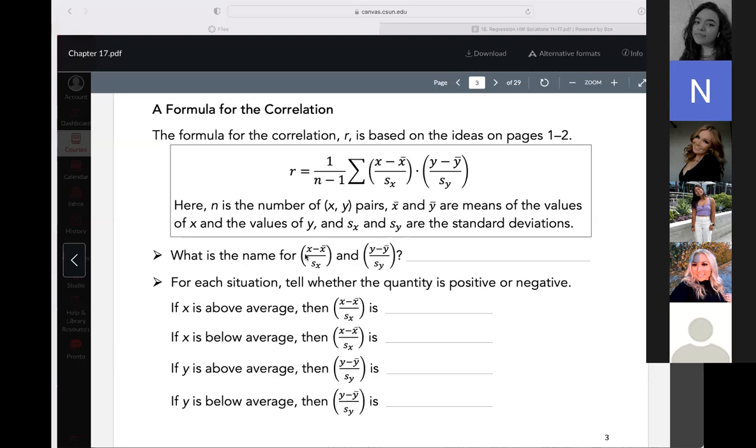By the way, what are these called? X minus X bar over SX and Y minus Y bar over SY. We've given names for these before. Do you guys remember what these are called? Your data minus the mean divided by the standard deviation. Do you guys recall those? What are those?